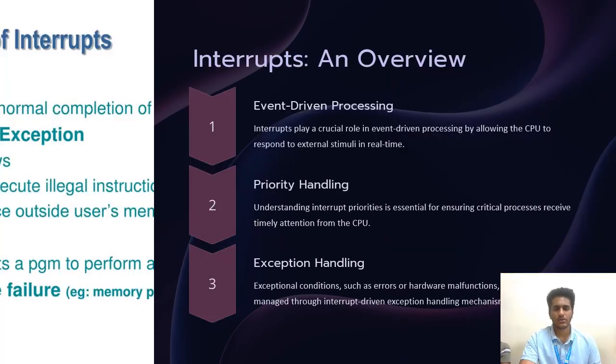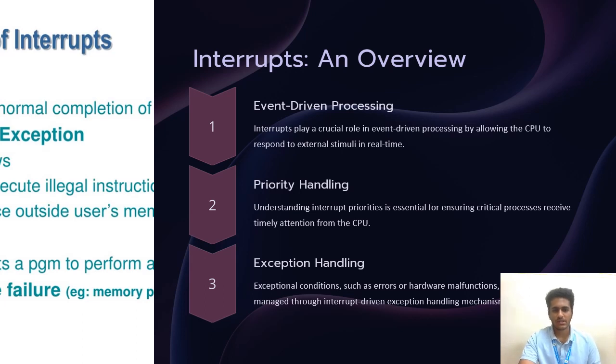Taking a look at interrupts and event processing, there are different types of interrupts as well as an overview. Event-driven processing: interrupts play a crucial role in event-driven processing by allowing the CPU to respond to external stimuli in real time. Priority handling: there may be n number of devices connected to the CPU, which may be sending simultaneous interrupts to the CPU and asking for permission to execute.